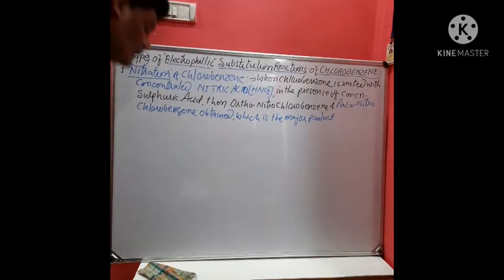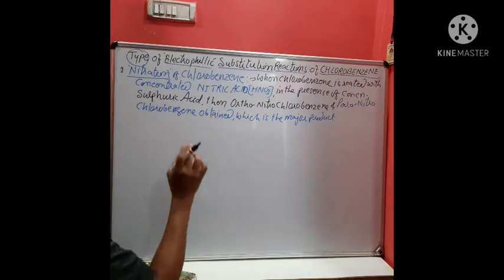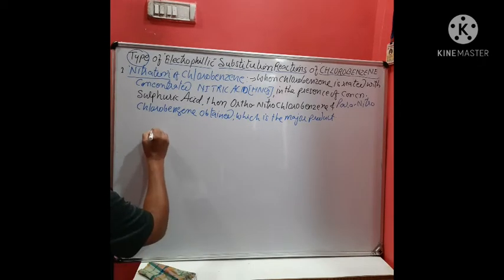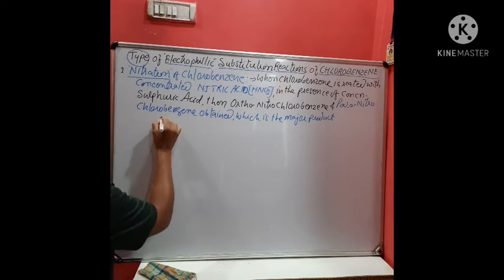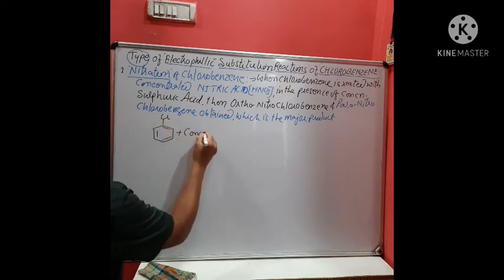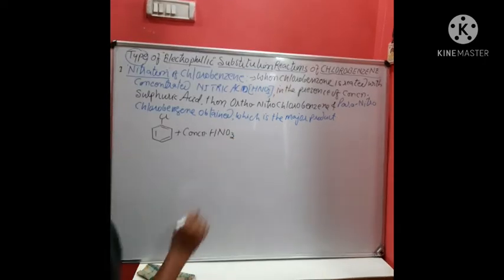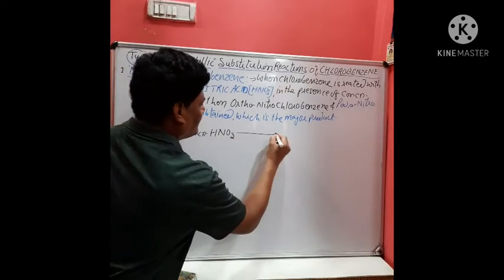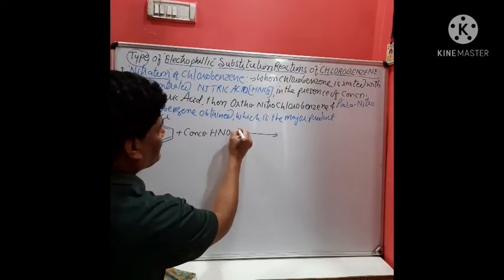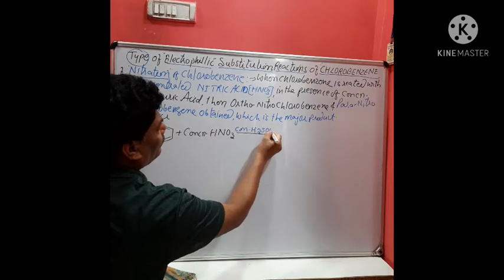So this is called a chemical reaction. For this chemical reaction, we have to write a chemical equation. So the chemical equation is: when chlorobenzene is reacted with concentrated nitric acid, HNO3, in the presence of a catalyst, concentrated H2SO4.